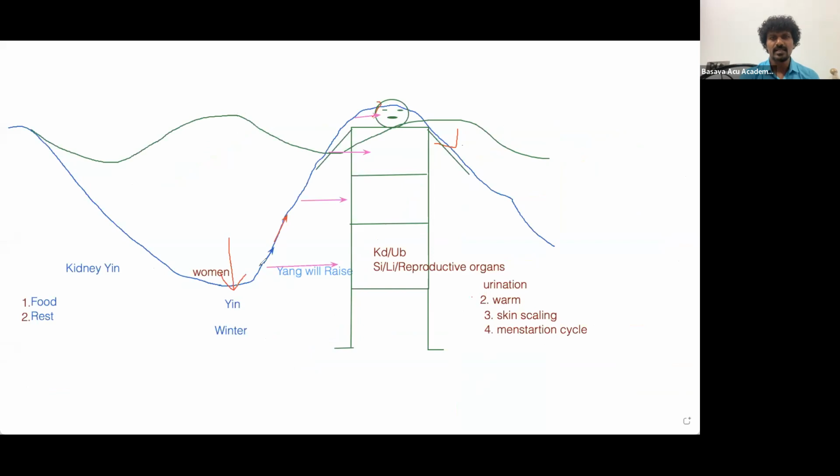This yang is rising up from the extreme yin. That is what we call the kidney yang. It is the root for all the yang energy in the body.